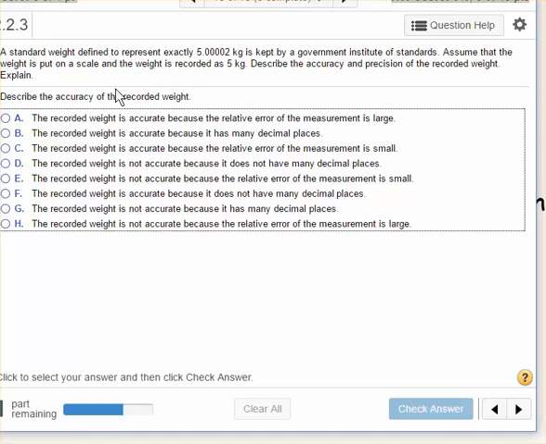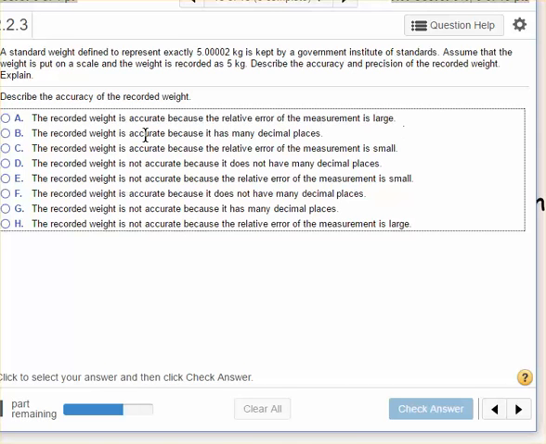First, let's talk about the accuracy. If it actually weighs 5.00002 and we weigh it at 5 kilograms, then that's fairly accurate. We're pretty close to the real value. The recorded weight is accurate because the relative error of the measurement is large?